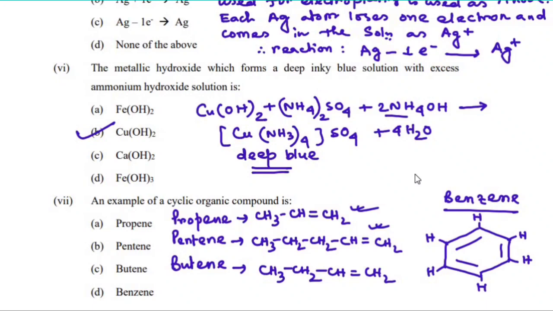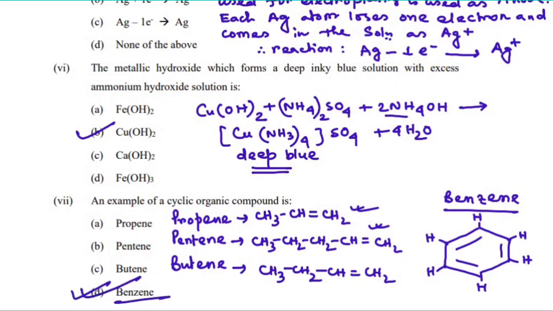In benzene, 6 carbon atoms form a ring structure, and there are 3 single bonds and 3 double bonds between the carbon atoms. Hence, benzene is a cyclic compound. So the answer should be option D, benzene.